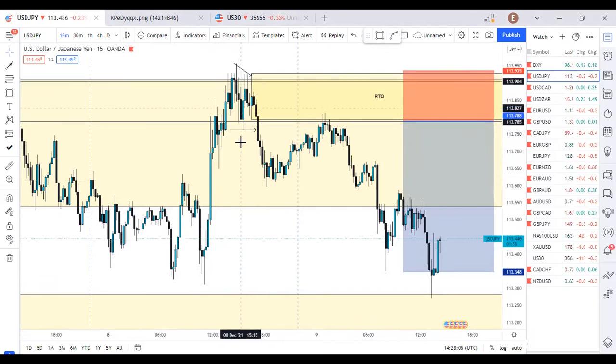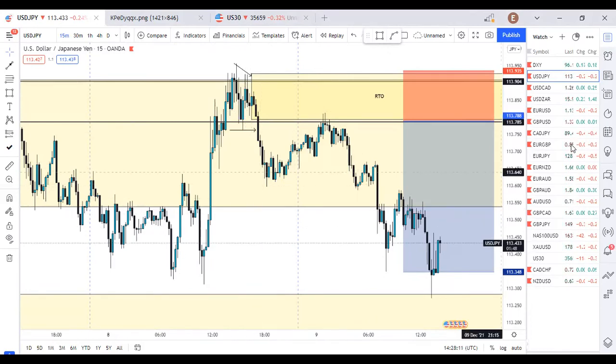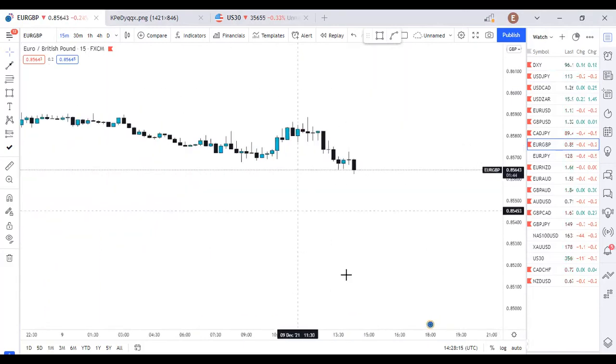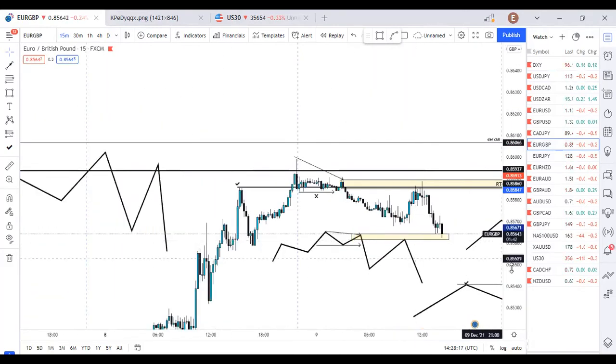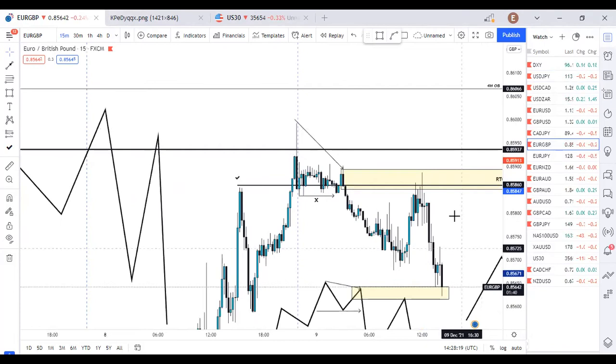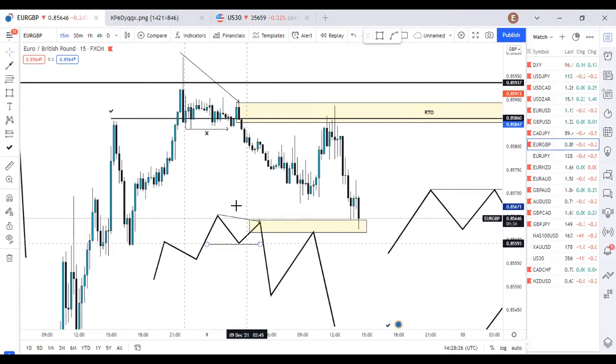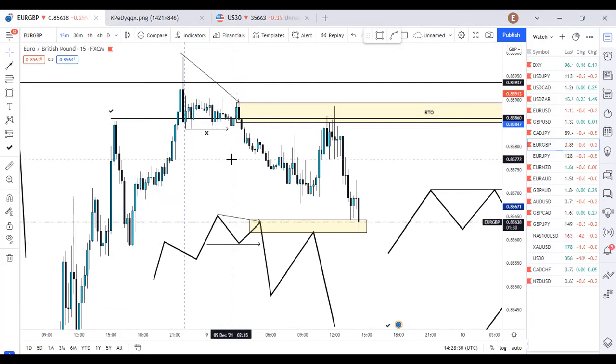The setups will differ, and the order blocks given will be different. In Euro GBP, for instance, it's a different scenario, and we're using this pattern. The imbalance is too small, but there comes a time when the imbalance is a little bit big.